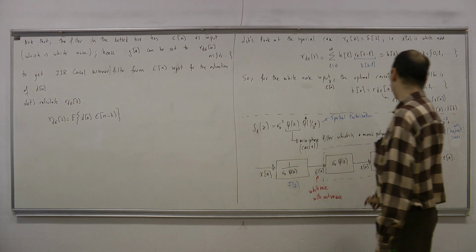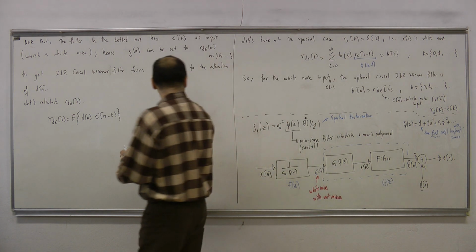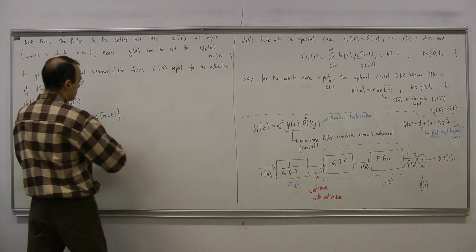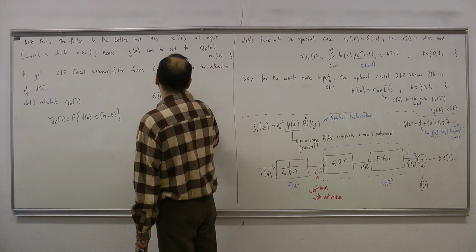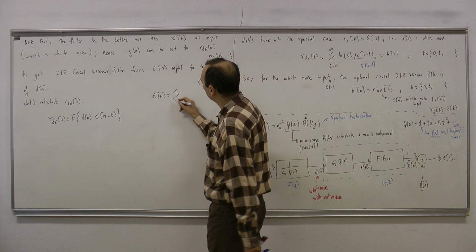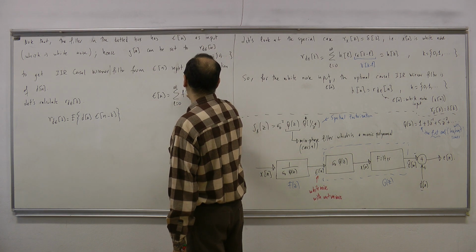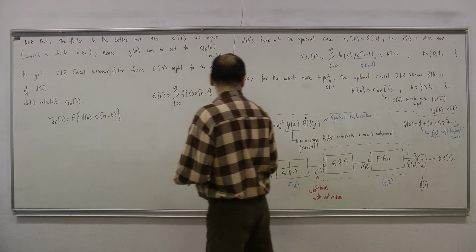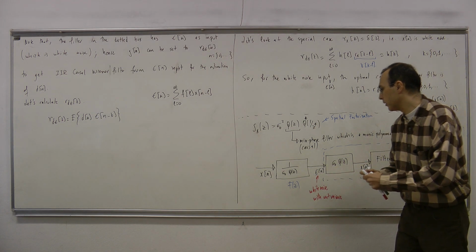Okay, so I have f times g. So what is f of c? But let me write this first. Then epsilon of n is equal to, and this is L equal to 0 to infinity. Okay. So again, this is the whitening filter.